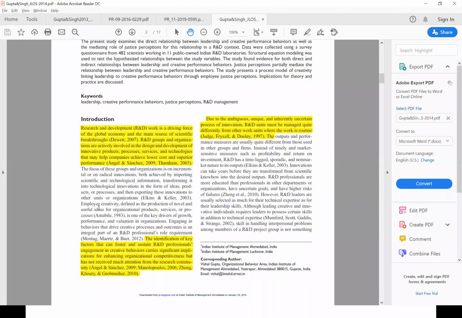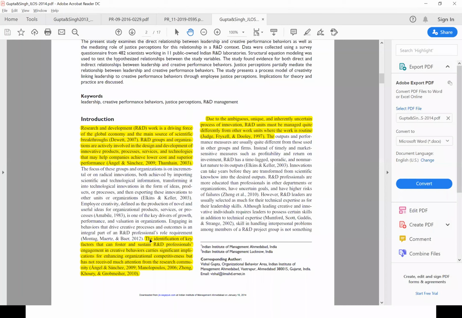I define employee creativity, the production of novel and useful ideas, as one of the key drivers of growth, performance, and valuation in organizations. Engaging in behaviors that drive creative processes and outcomes is an integral part of R&D professionals' role requirement.